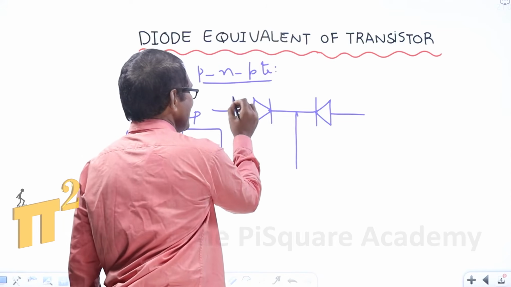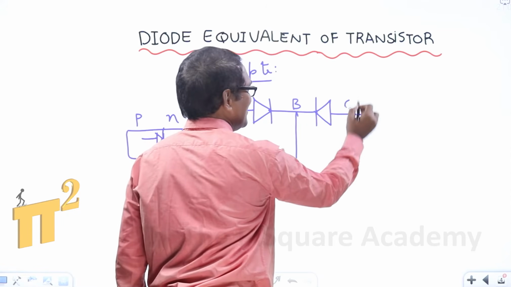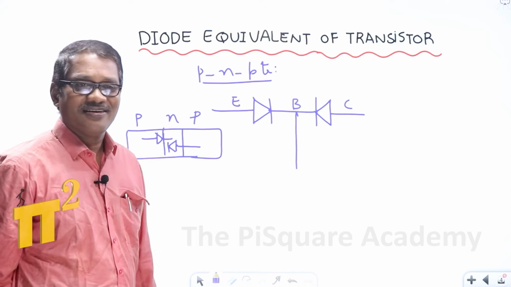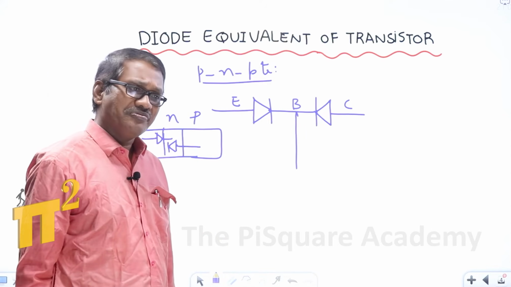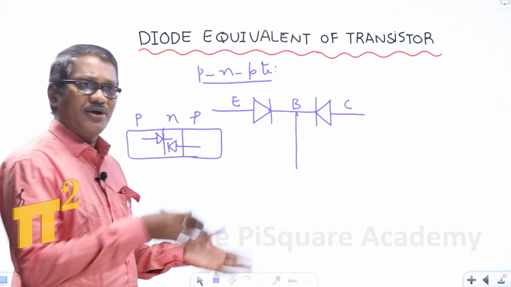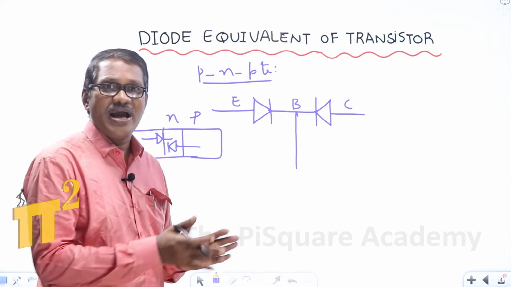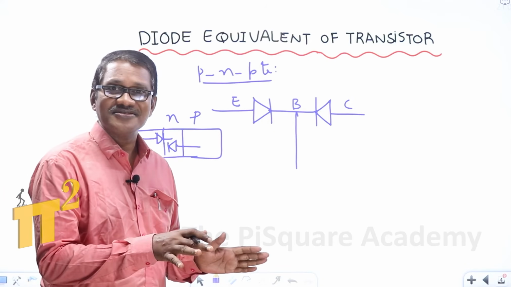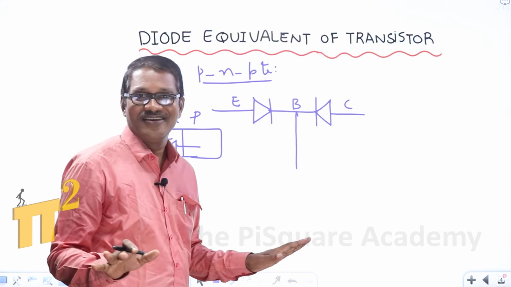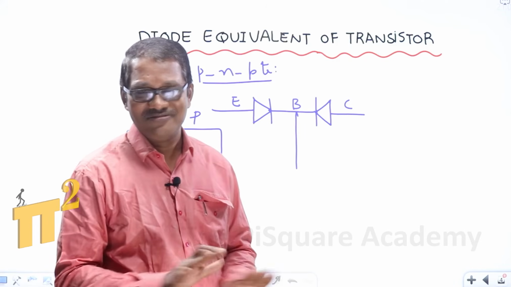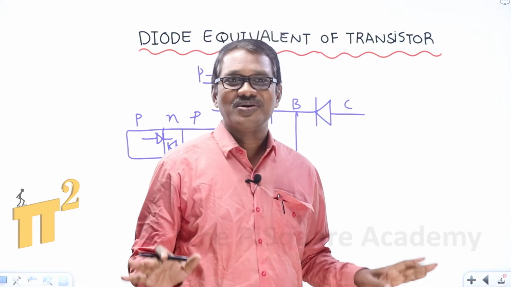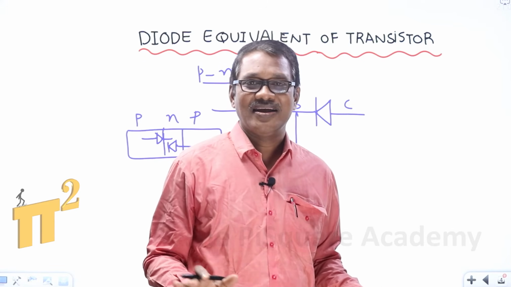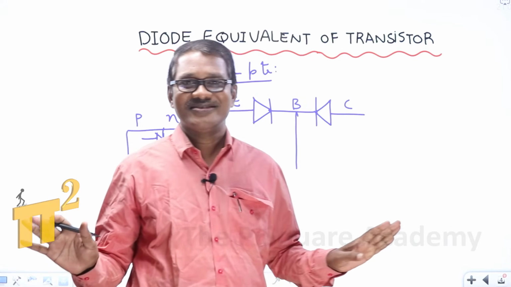So this acts as the emitter, this is the base, and this is the collector. If you practically connect two diodes back to back, will it function as a transistor? Never, that is not possible.